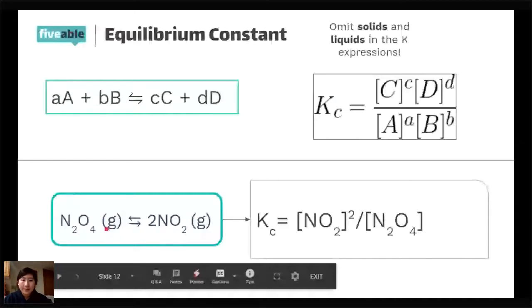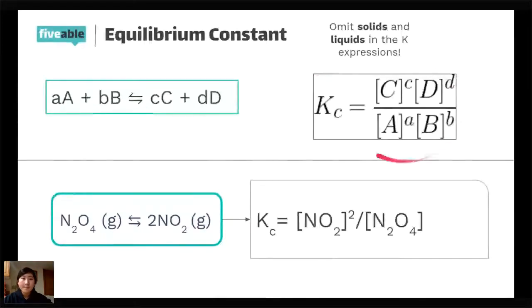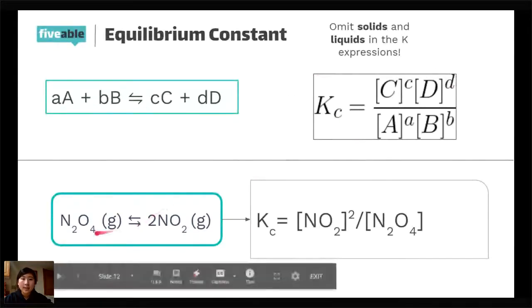Okay. So you can see here that this is basically the outline for using the equilibrium constant. If we were to use this equilibrium constant on this reversible reaction, what is on the left side of the equation for now?